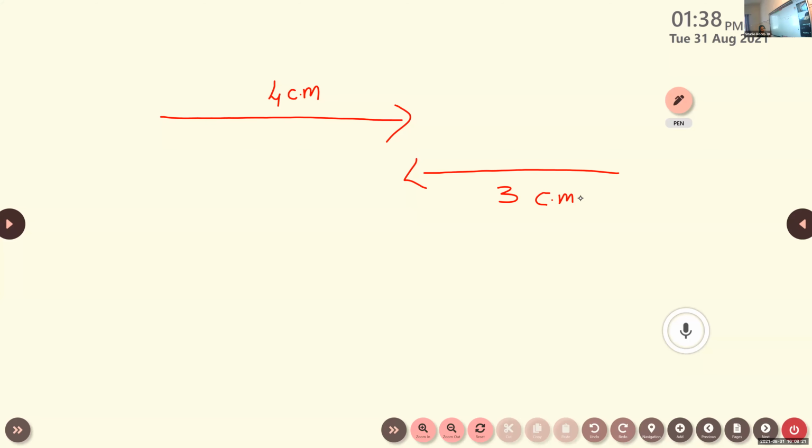Find the resultant vector. We have two vectors with magnitude 4 centimeter and 3 centimeter. Then find the resultant vector.